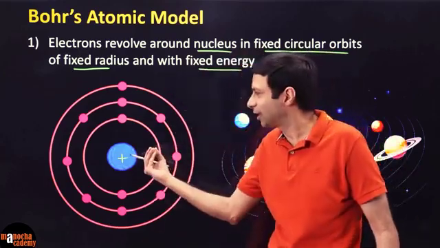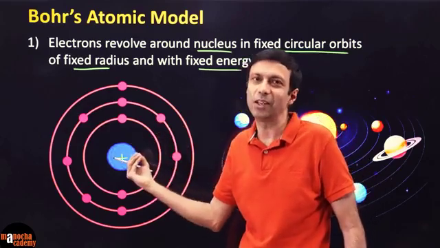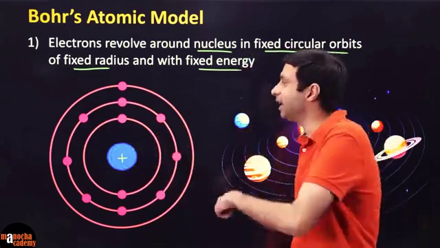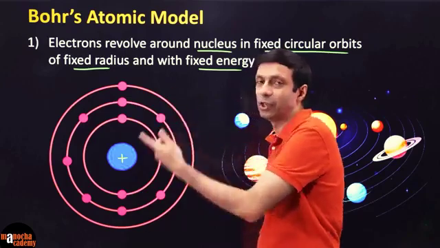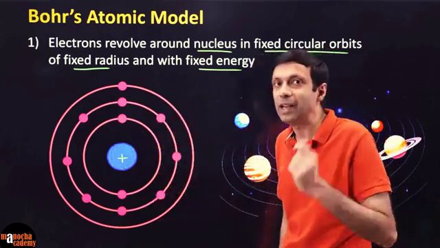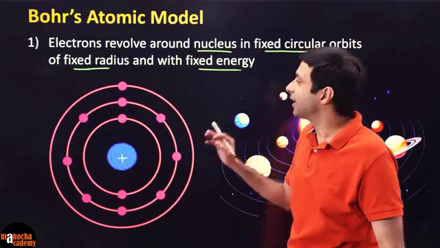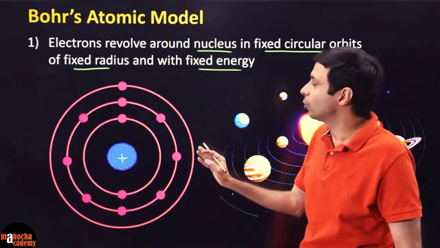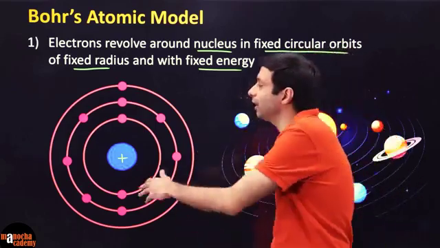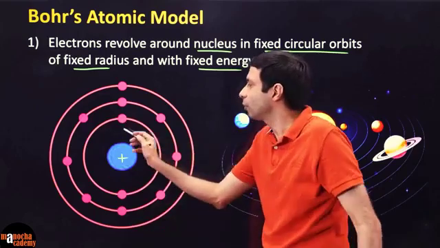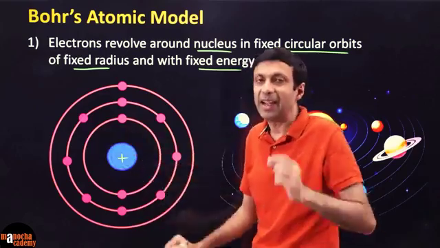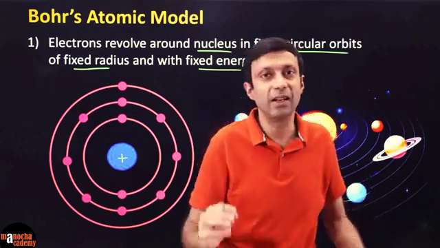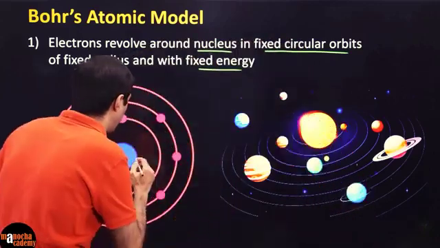This positive charge is concentrated in the nucleus in the center of the atom, and electrons are revolving around the nucleus. But Niels Bohr said that electrons cannot revolve in any random place. The electron cannot be here, here, anywhere, right? It has to revolve in orbits having fixed radius.